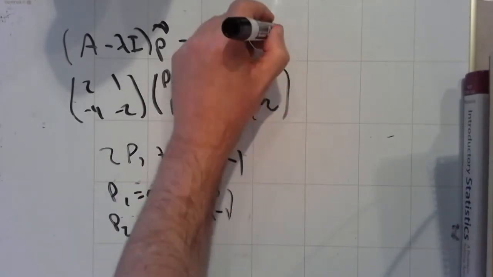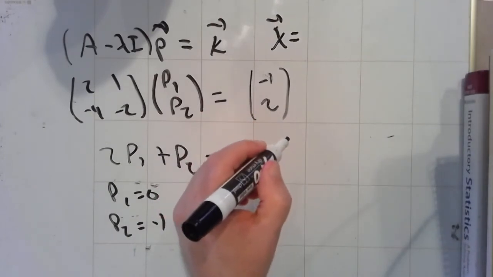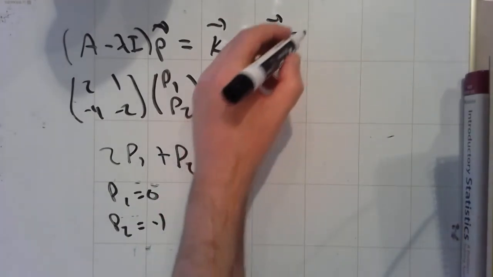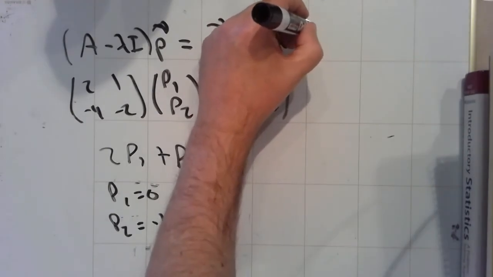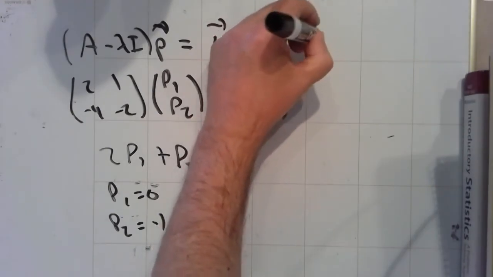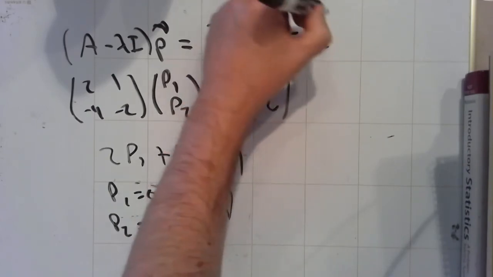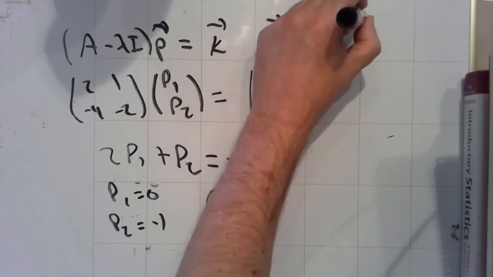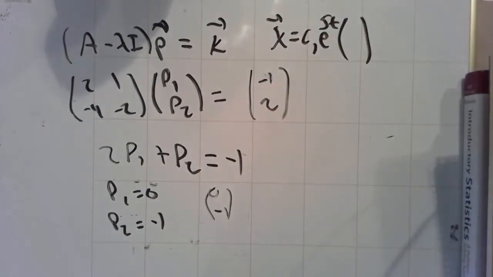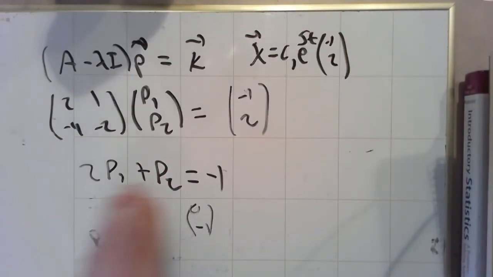Our solution will look like x equals C1 e to the, what was our eigenvalue, 5t, times our eigenvector, negative 1, 2. I need more space here.